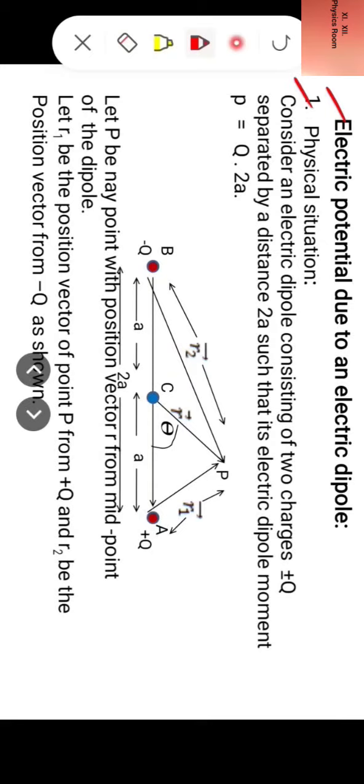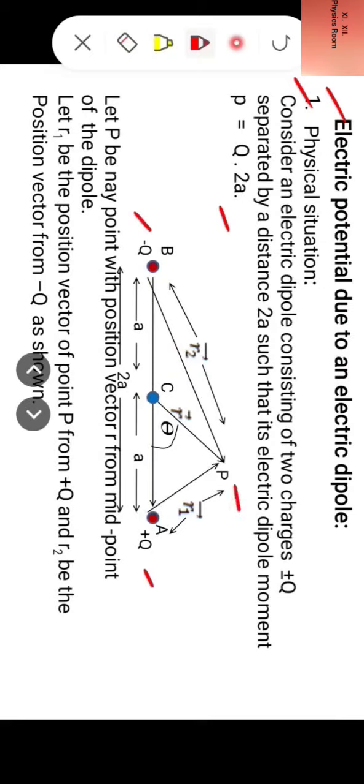Consider an electric dipole consisting of two charges plus minus Q, separated by a distance 2a, such that its electric dipole moment P is equal to Q into 2a.